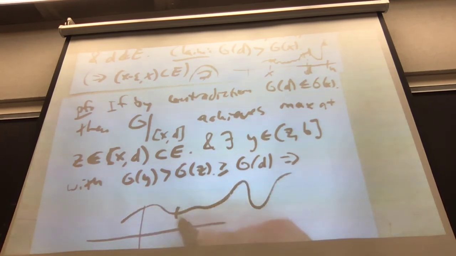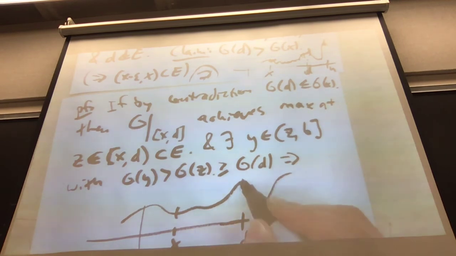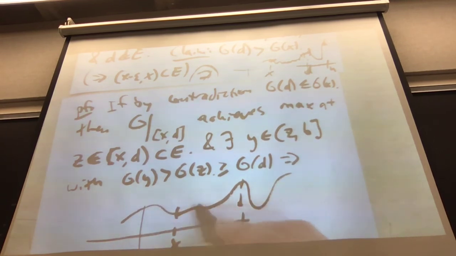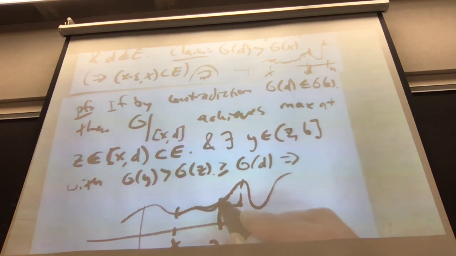Okay, so here's my point x. I've gone out as far as I can to be increasing. Here's the point d. But let's say that the value of d wasn't larger. So somehow think of this as at the same height as x, at worst. On this interval, there's some value that is the maximum. Z is the maximum.